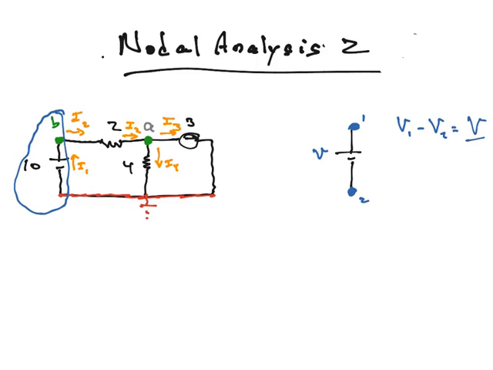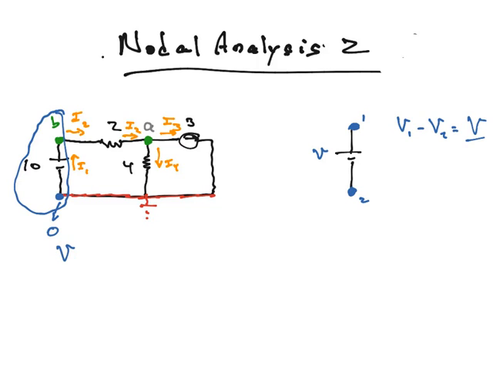So look at the 10-volt source in our example. That's saying that the difference between this bottom point and the point B is equal to 10 volts. But we already know the bottom point is the ground by definition, so that point is 0.